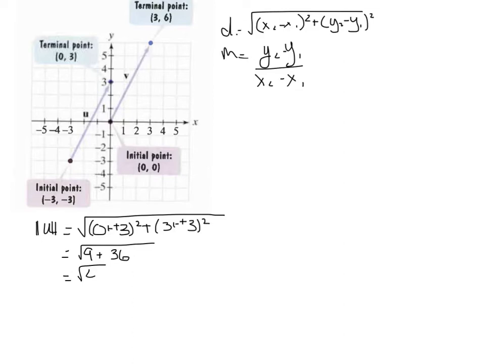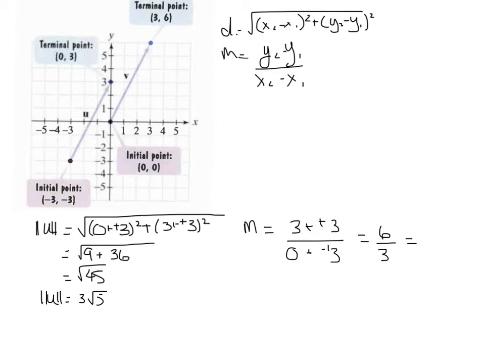That's the square root of 45, so that's 3 root 5. And that's the magnitude of vector u. Now I'm interested in the direction, so I'm going to do the slope. That's 3 minus -3 over 0 minus -3, and I get 6 over 3, which is 2.